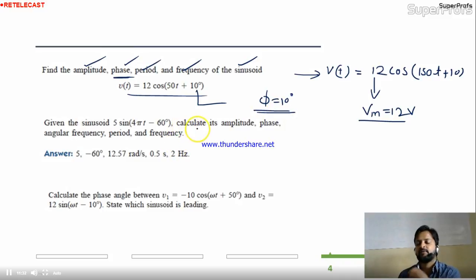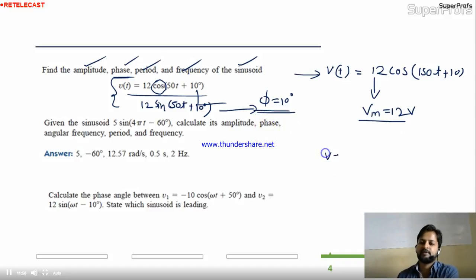Correct? But how do we check this φ? Whether a sine function or a cos function should come here, you should be thinking. What if you have sin(50t + 10)? Will you say again the phase is 10? No. You should have one benchmark: all cosine functions are the benchmark for any calculation. So if V(t) = 12 cos(50t + 10) is given, we see the phase in the cosine equation.